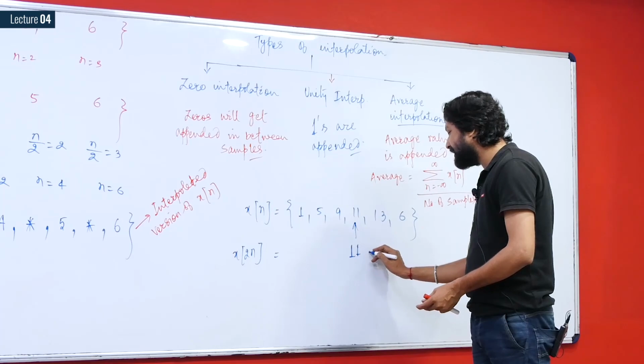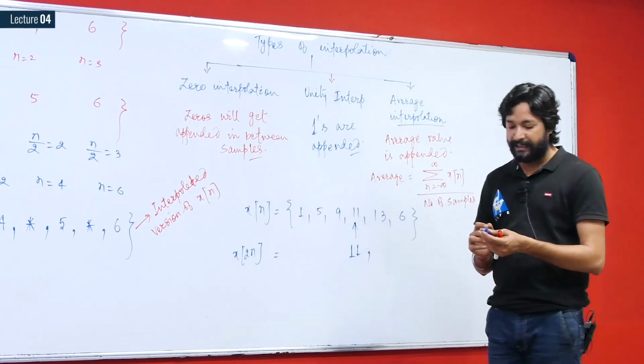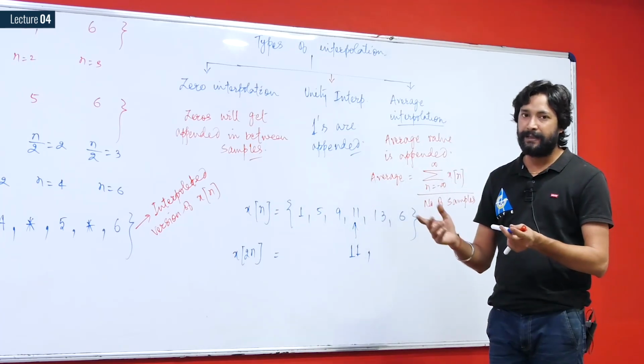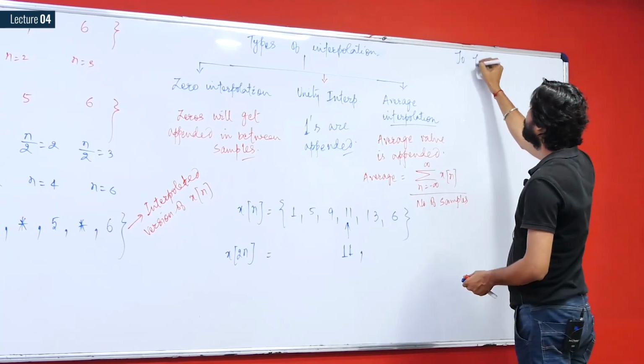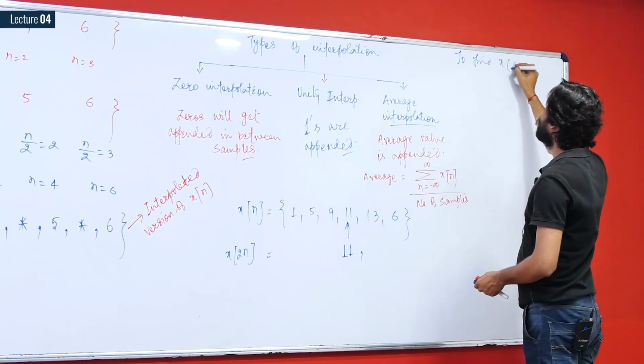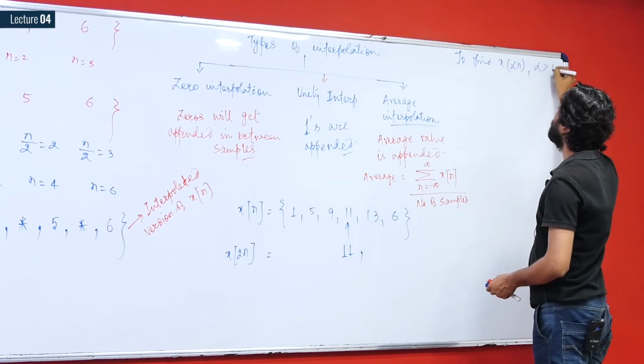So, now we are discussing the procedure to obtain the value of signal x of alpha n. So we can write some points here to find x of alpha n in case of alpha greater than 1.